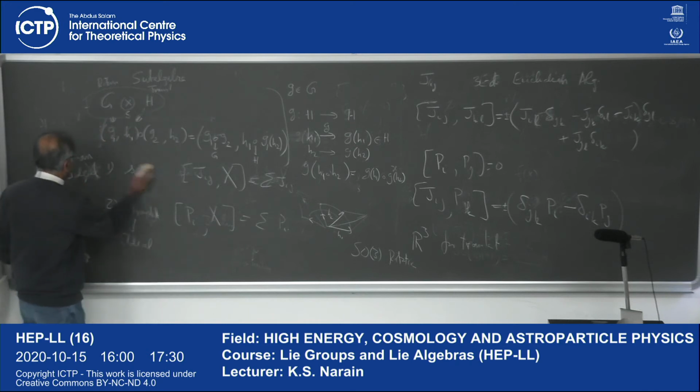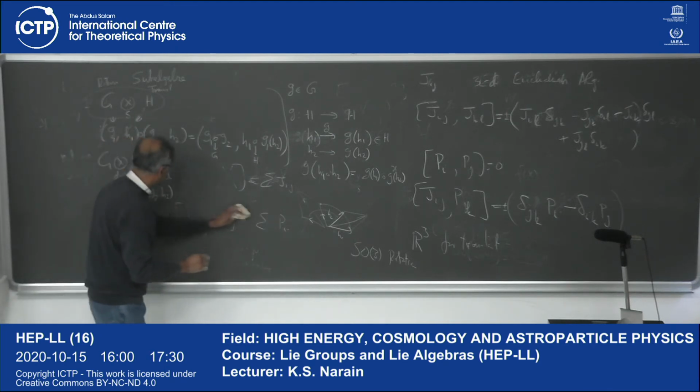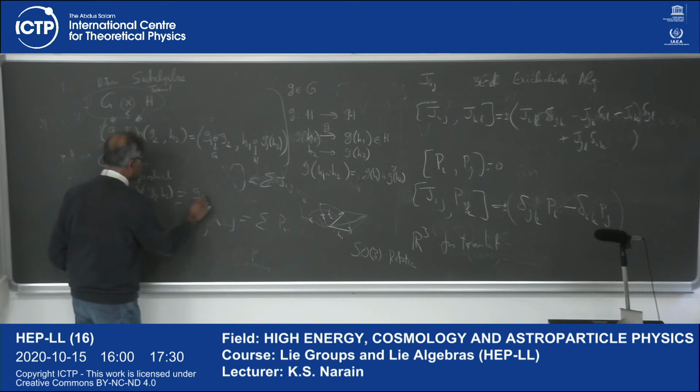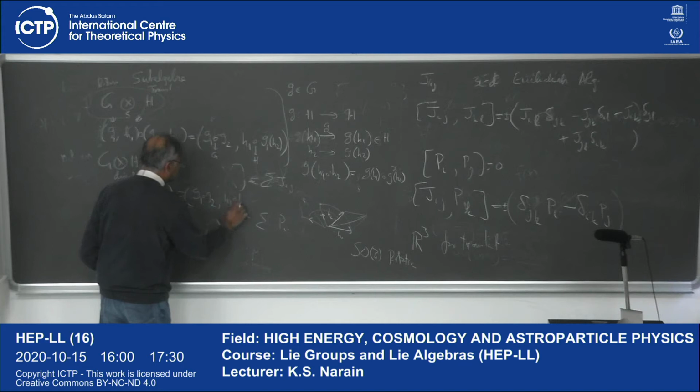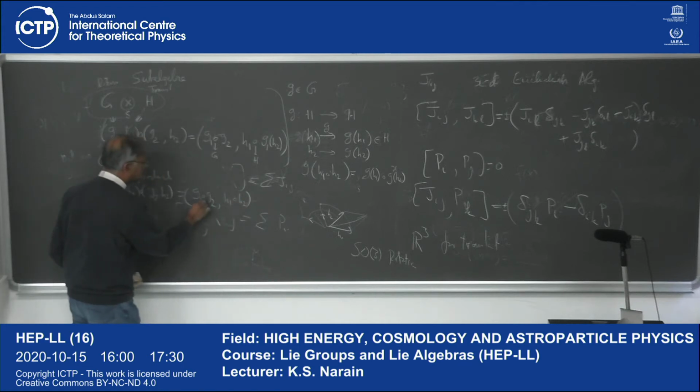If it was a direct product, G times H, then the product rule would be g1 h1 times g2 h2 is simply g1 g2 comma h1 h2, where again the rules are that of G here and that of H here.